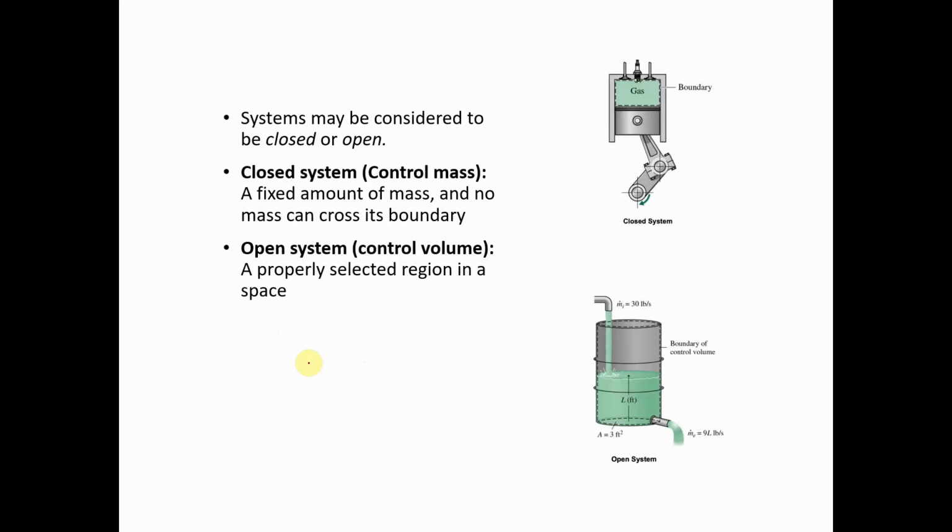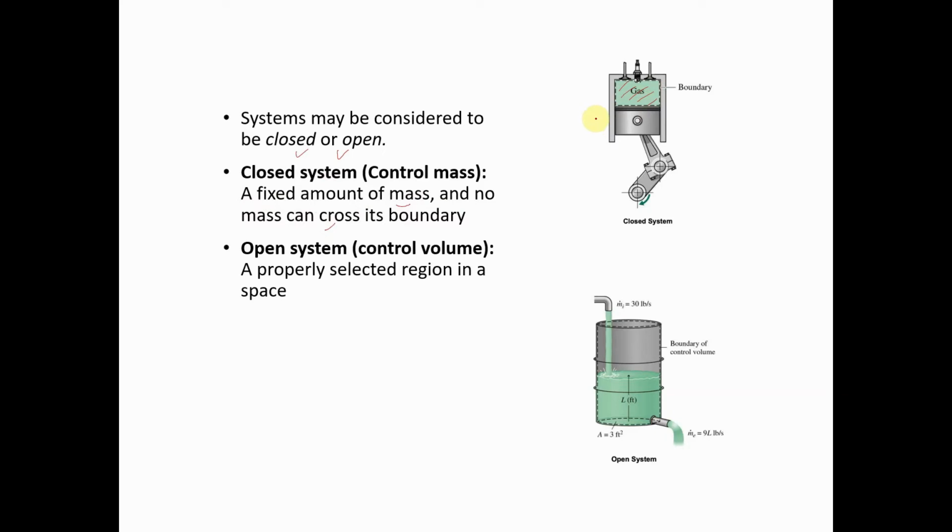Okay, and then we also have two types of system: open system and closed system. For the closed system, there is a fixed amount of mass and no mass can cross its boundary. For instance, in this one, the gas will be fixed here, or maybe some other process such as the oven, which I always give as an example.